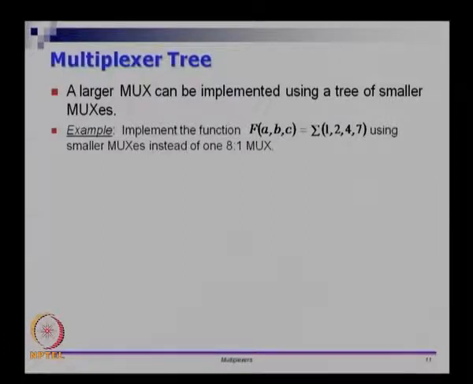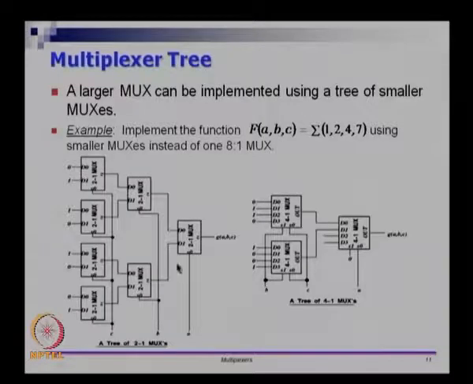I will show you a quick picture for this circuit. f of a, b, c actually demands an 8:1 mux, but instead of using an 8:1 mux, you can use either 2:1 muxes like this or 4:1 muxes like this to get the corresponding output. So we have arranged a tree of multiplexers here.